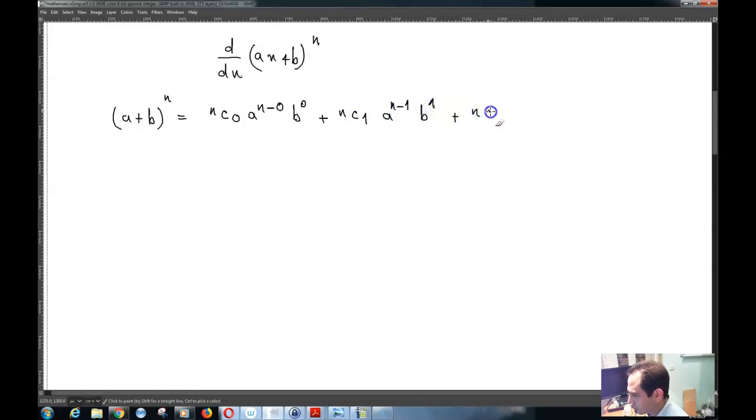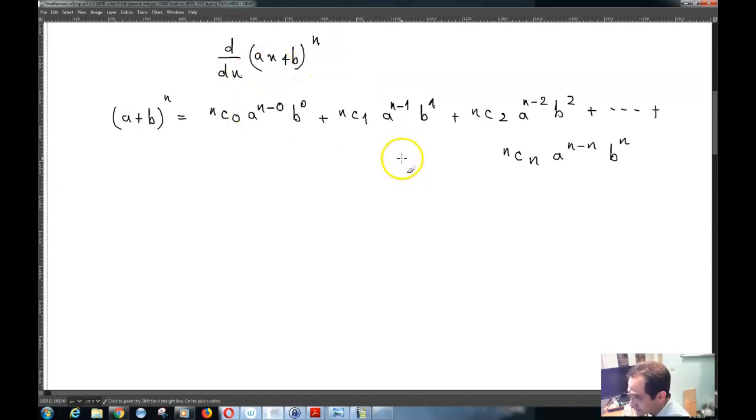Then n combination 2, a raised to the power n minus 2, b raised to the power 2. Plus all the way up to n combination n, a raised to the power n minus n, b raised to the power n. So that's the binomial theorem.